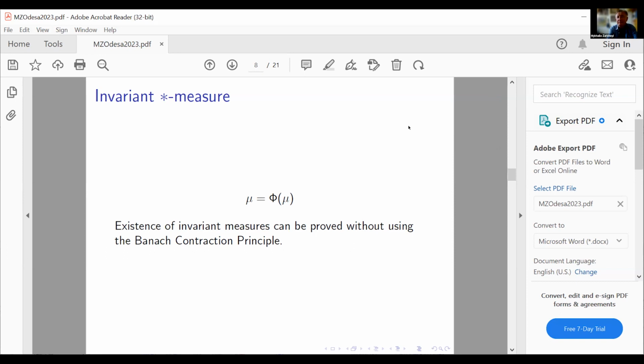The existence result of Hutchinson is derived from the Banach contraction principle, which means that every contraction map has a unique fixed point. But recently, we with Mazurenko invented a proof which does not rely on the Banach contraction principle.